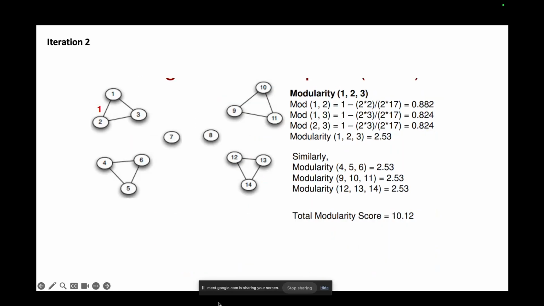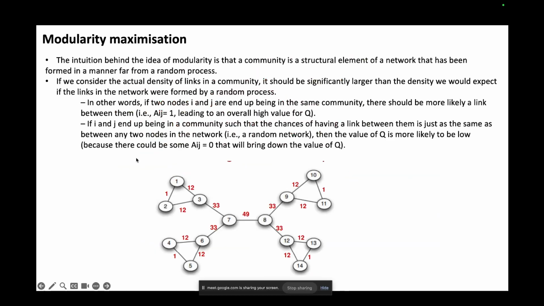So what it means is this is a much better formation of clusters than the previous set of clusters as we defined here. What you want to do is maximize the modularity of the network, right? So the more the value, the better.